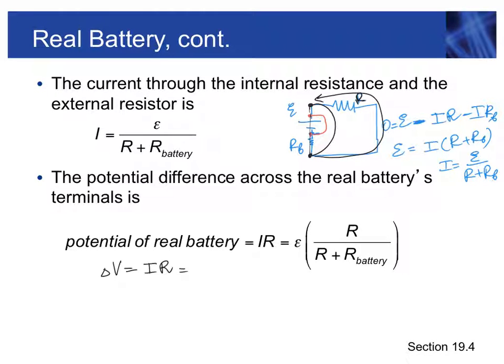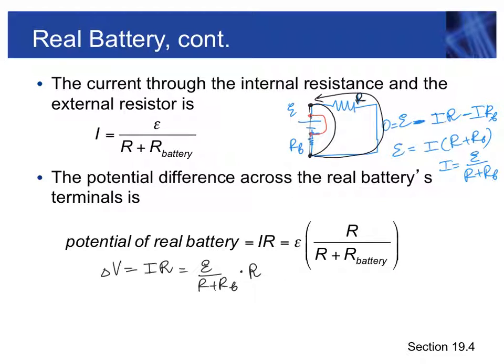And the current we just found is EMF over (R plus RB), multiplied by R. So if you're looking to find the potential drop of a real battery, you have to take the EMF, that is what's written on the battery, like 9 volts, divide by the sum of external resistance plus internal resistance of the battery, and multiply by the external resistance.